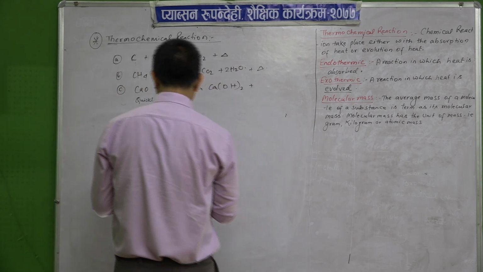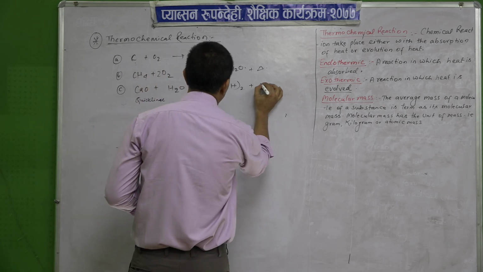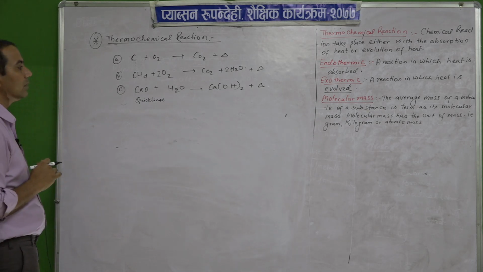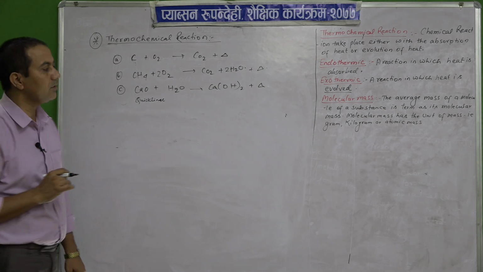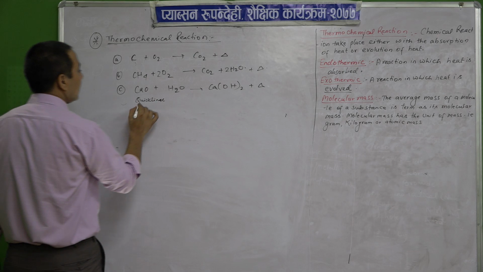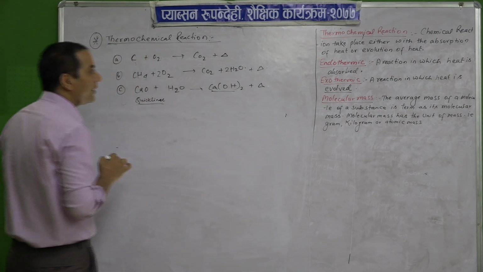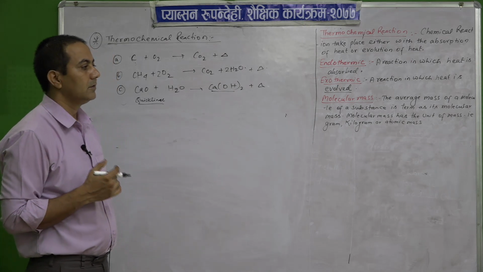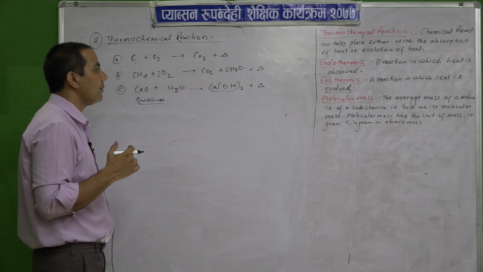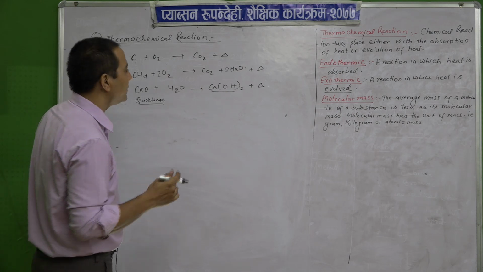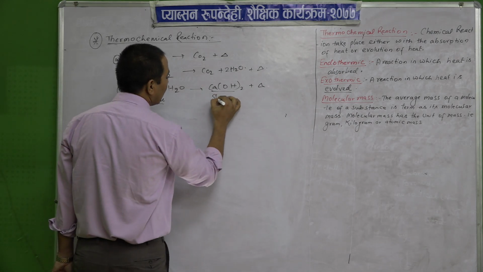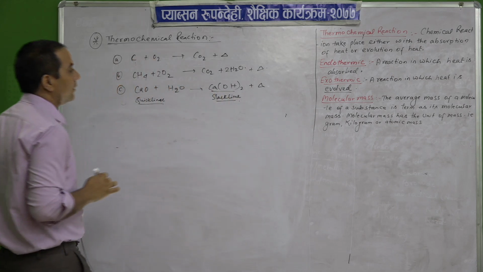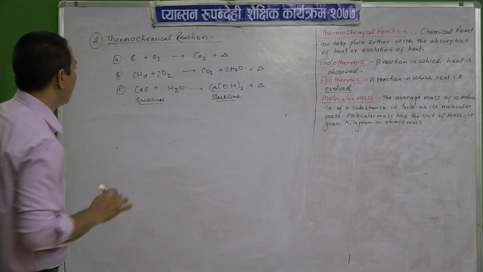Calcium hydroxide plus heat. Okay. So what is calcium hydroxide again? It is generally asked. That is slaked lime.